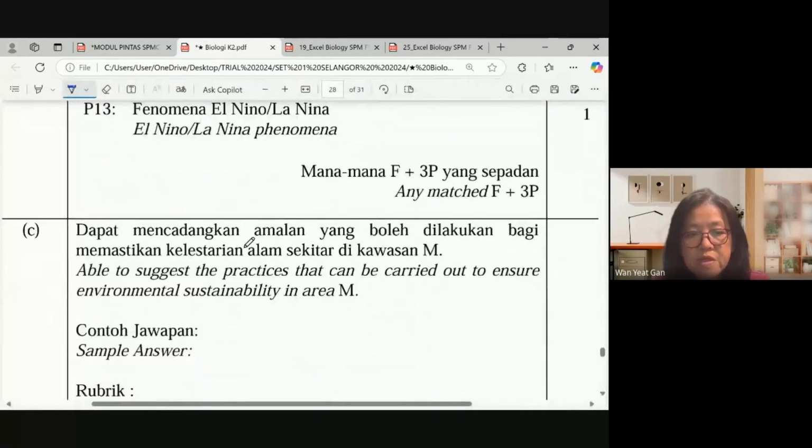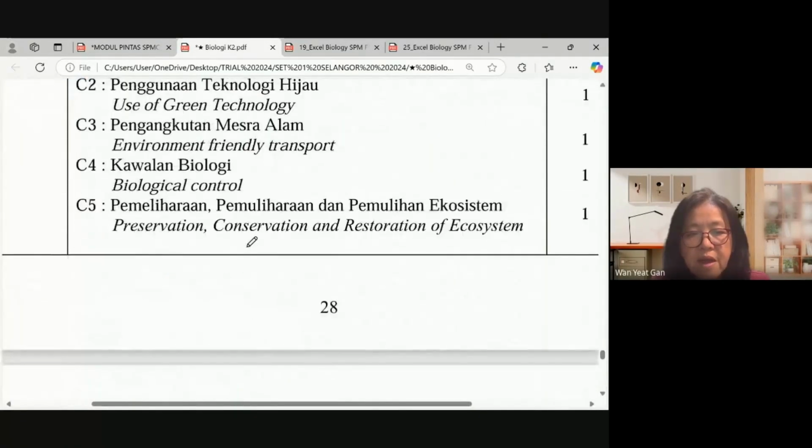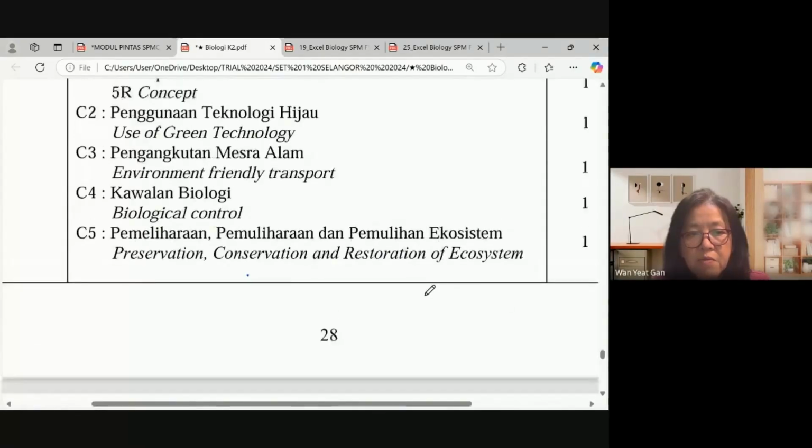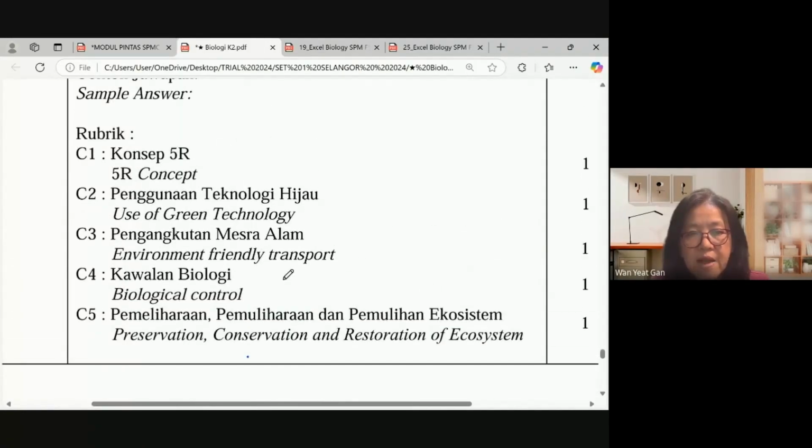Okay, so here there are five sub areas that we can look at which contribute to environmental sustainability. First is the 5R concept, use of green technology, environmentally friendly transport, biological control, preservation, conservation, and restoration.